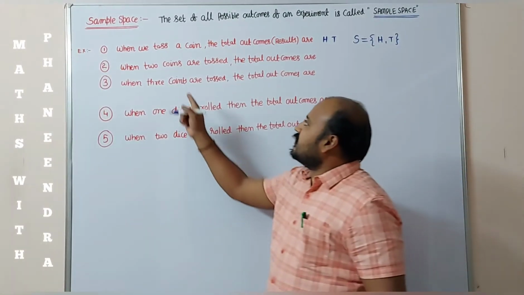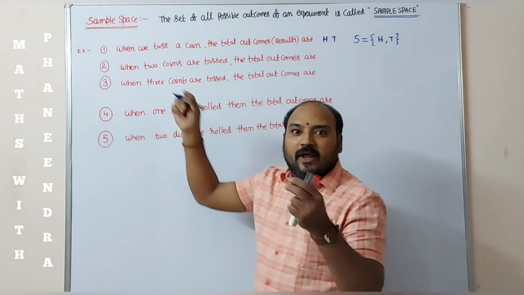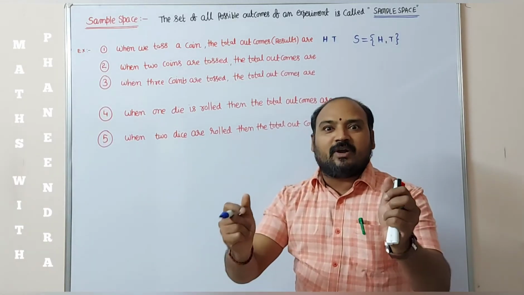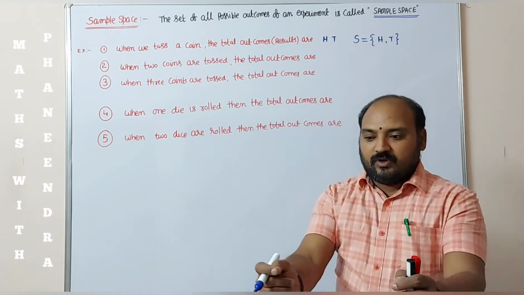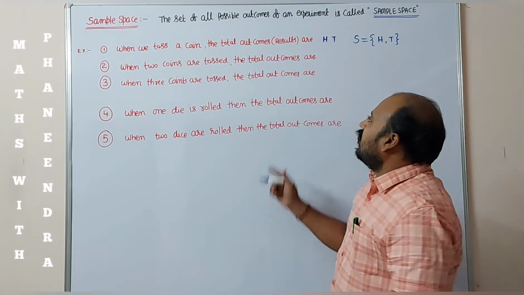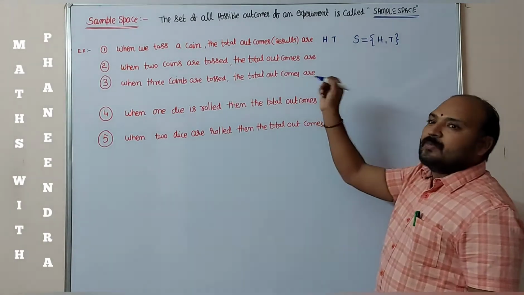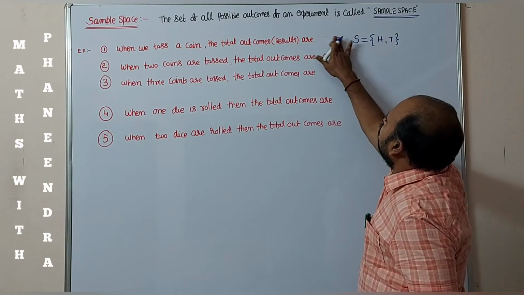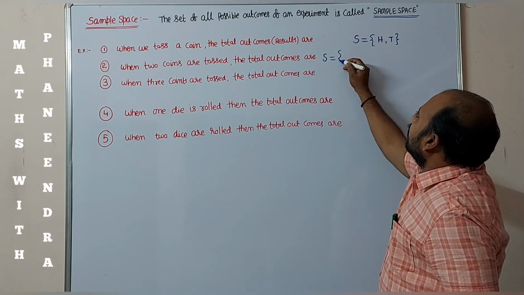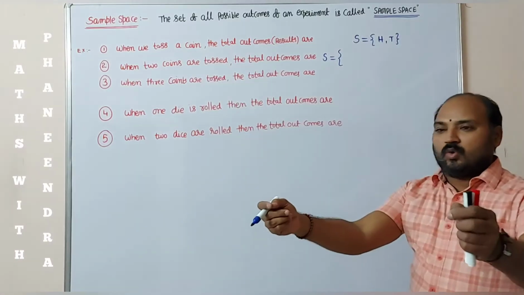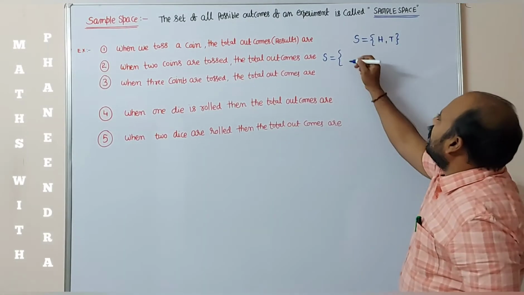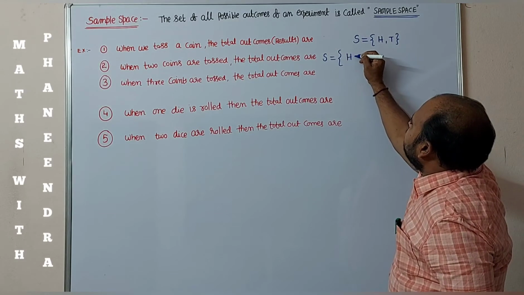If you toss a coin twice, that means here one coin, here one coin, tossed simultaneously. What are the possibilities? Directly I am writing here, S is equal to. So, 2 coins are there with me. I am tossing the coins. We may get 2 heads.